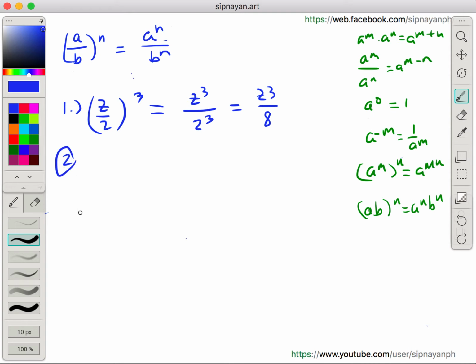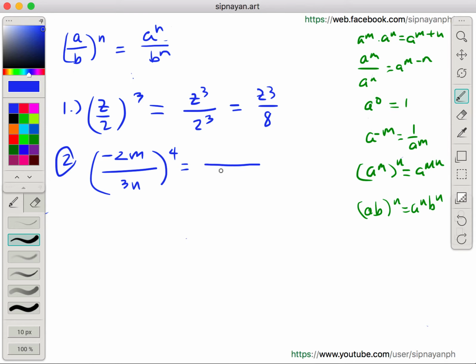Number 2, we have negative 2m over 3n raised to the 4th power. So from here, pwede natin i-split yung numerator at denominator and raise both of them to 4 by this law.